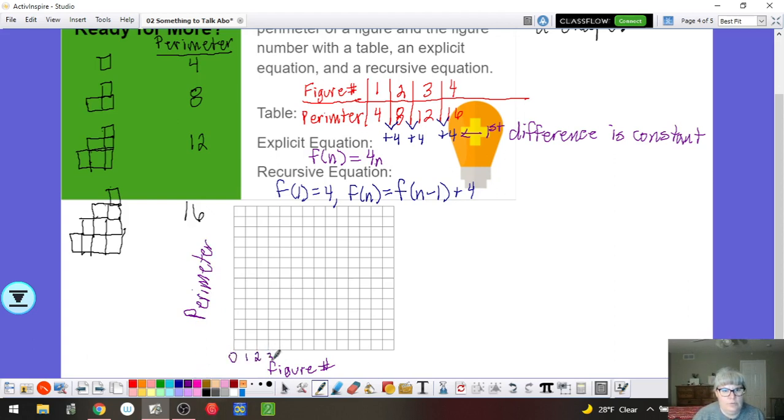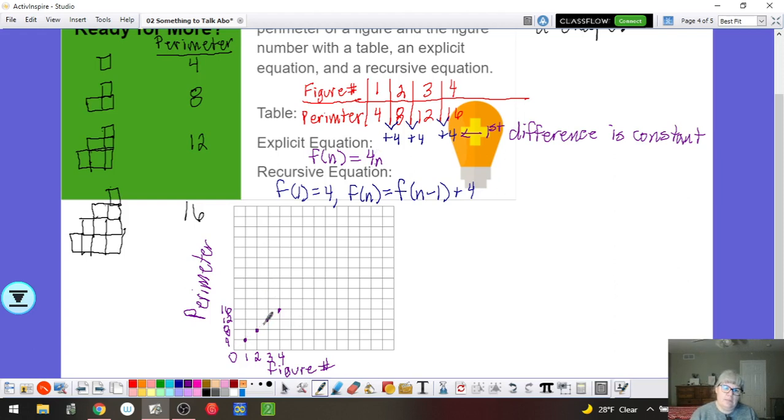One, two, three, 4. And because we're always adding 4, my scale can be 4. 4, 8, 12, 16. So our first figure was 4, our second figure was 8, our third figure was 12, our fourth figure was 16, and if we look at this, it's going up by 4 every time.